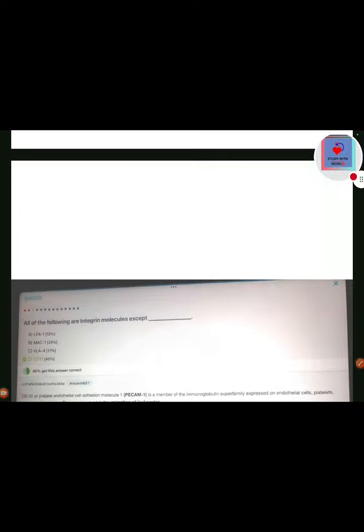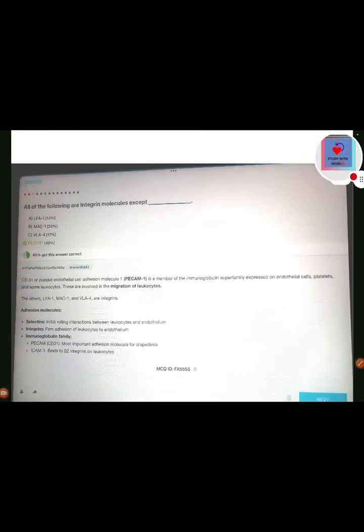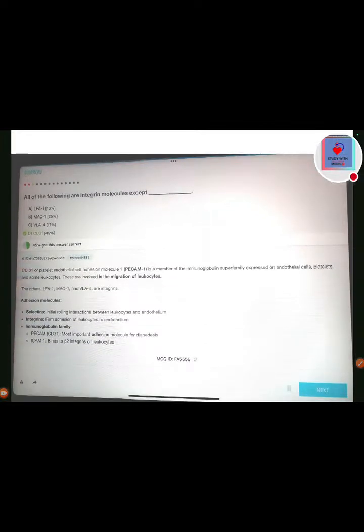All the following are integrin molecules except. Talking about integrin molecules, all are integrin molecules except CD31. CD31 is not an integrin molecule.